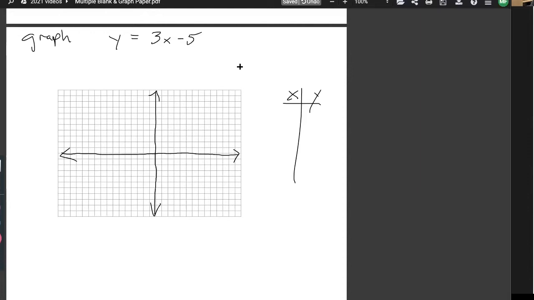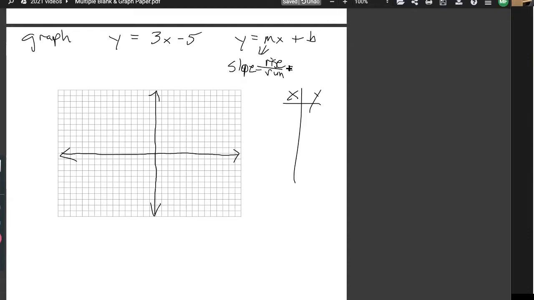Okay, so let's see. y equals mx plus b is our slope-intercept, and it's already in slope-intercept form because y is by itself. So slope is whatever number is in front of the x, whatever number x is being multiplied by. So slope equals rise over run, right?